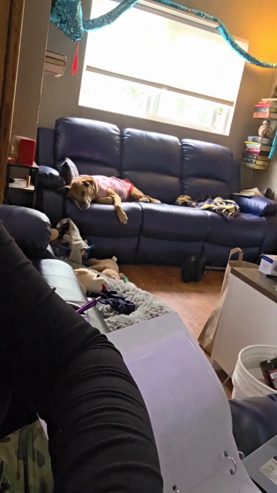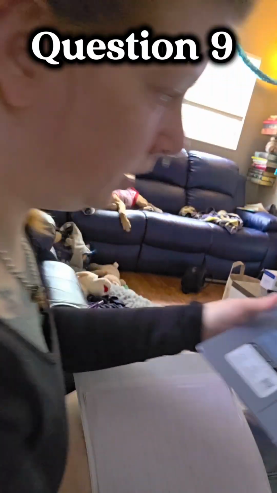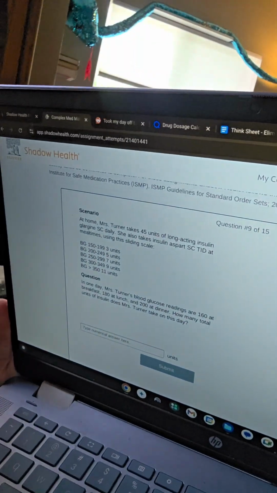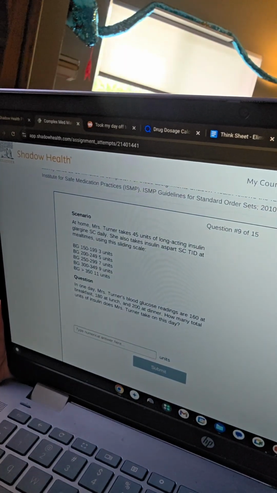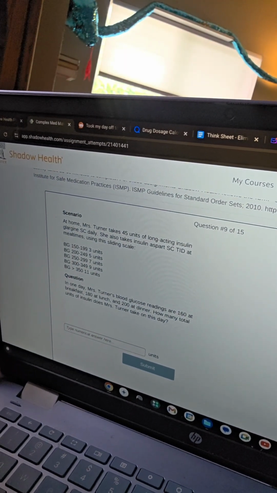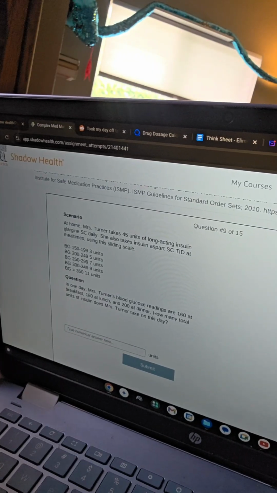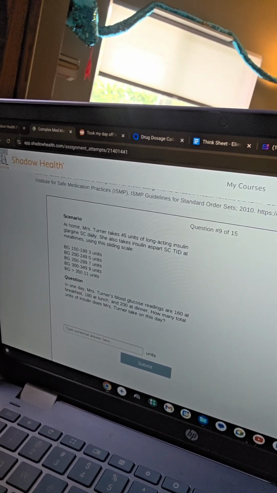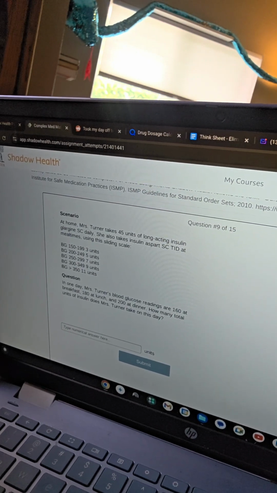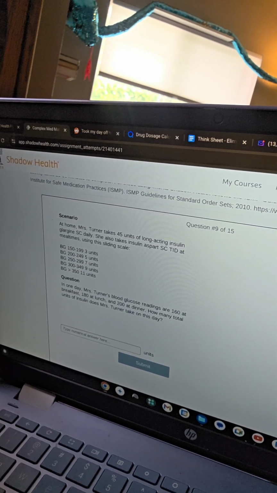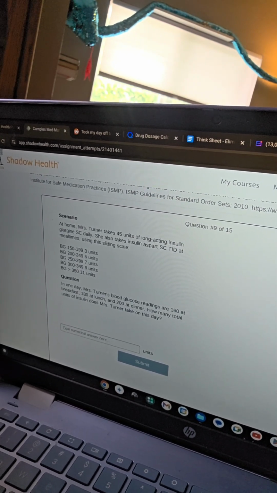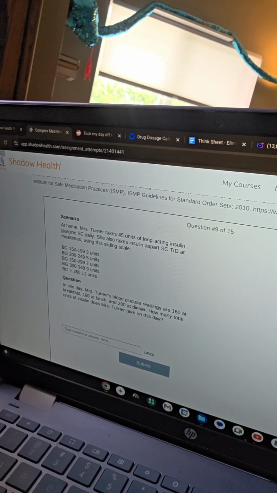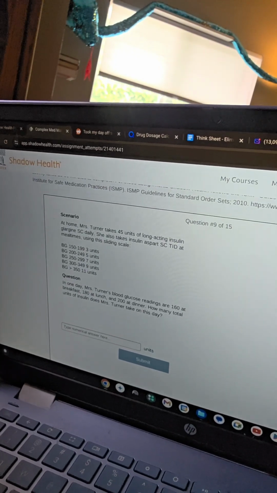Okay, now we'll go to question 9. At home, Miss Turner takes 45 units of long-acting insulin glargine SC daily, SC subcutaneous. She also takes insulin aspart SC TID, I think that means 3 times a day, at meal times using the sliding scale.